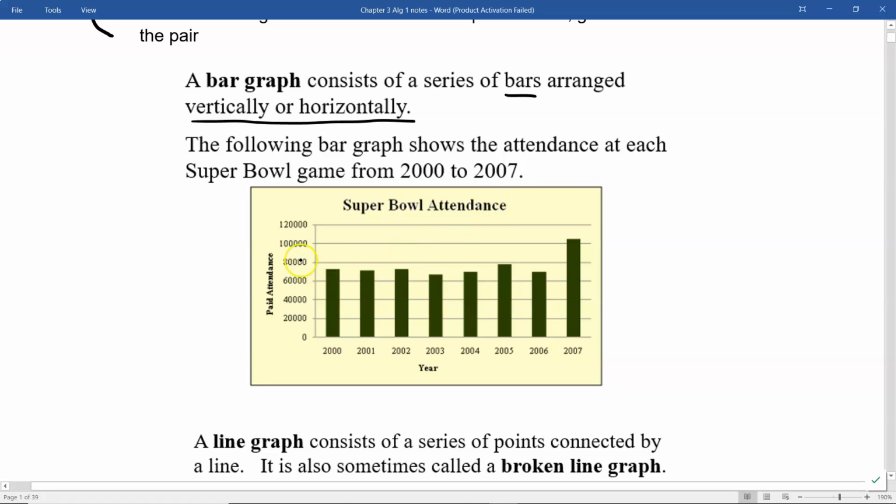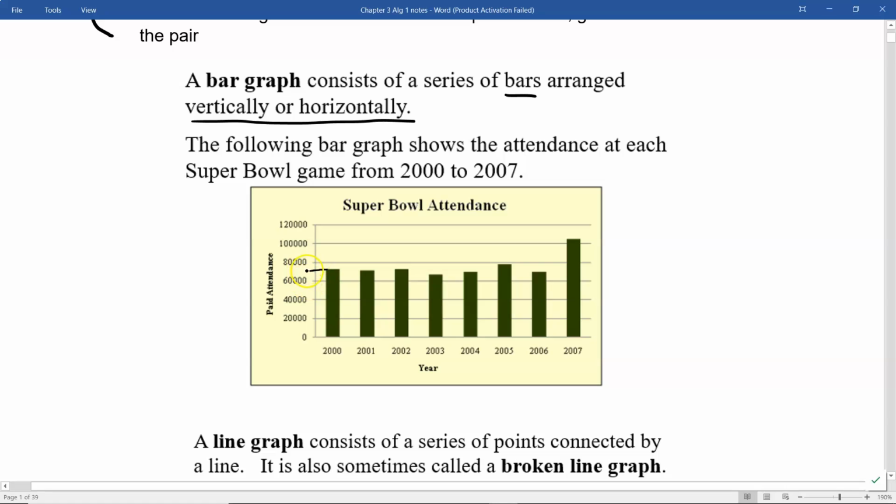So for example, if we just look at the year 2000 here, and let's say we wanted to estimate the number of paid attendance at the Super Bowl in this year 2000. Well, we can use this y-axis right here, this vertical axis, in order to match up the top of this bar to a measurement.